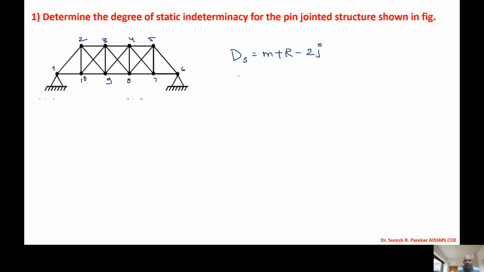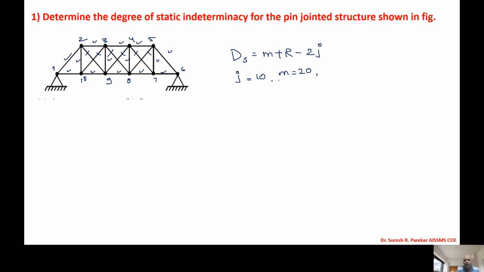So we have j equal to 10. Members we count 1 through 20. So we have total m equal to 20.